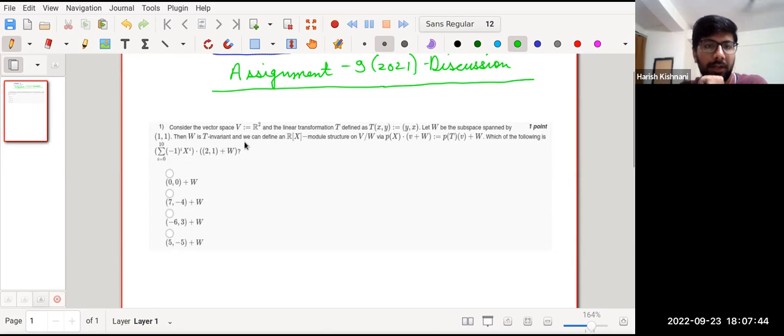So we have already checked it, and we can define an R[x] module structure on the quotient space V/W via this.